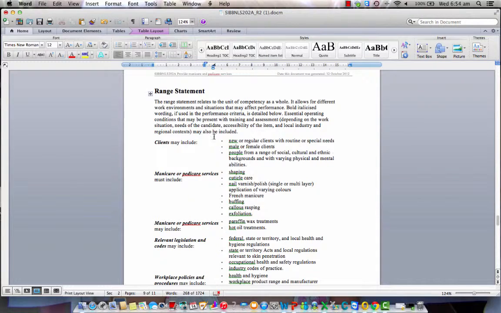One that says may include, and one that details must include. If a range statement is a must, you have to assess the learner and generate evidence that has covered it. If it's a may, then it means it's optional. But please, this does not mean you can ignore the mays and leave them out completely.